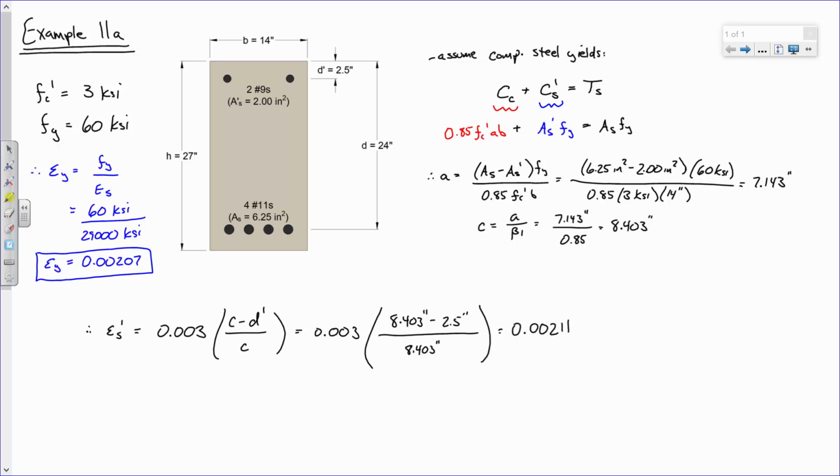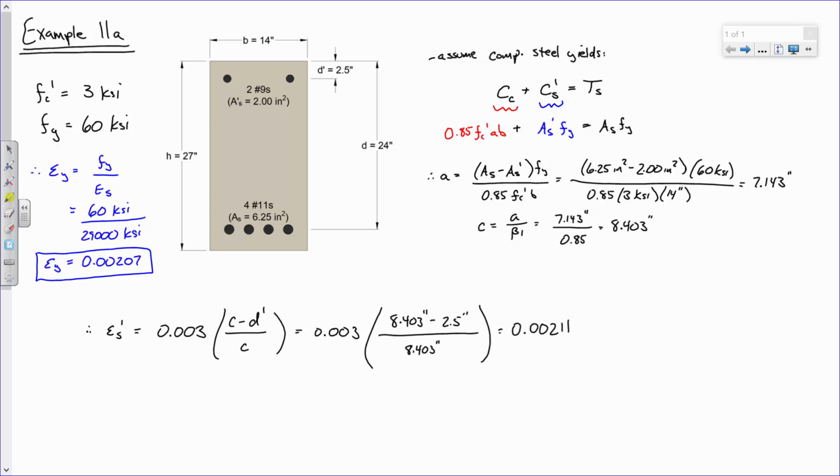0.00211. So what does that mean, Miss Aldrich? It's not less, it's more than. So our assumption, was it good or not? Exactly right.